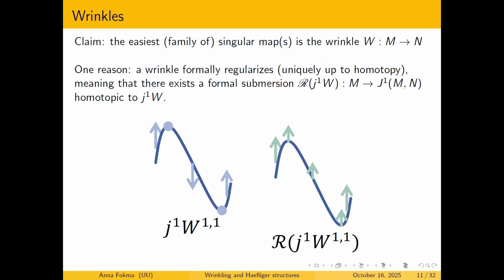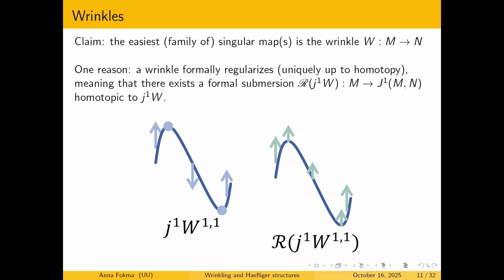How does this look? Well, I've depicted it here for the 1-1 wrinkle. On the left, you see its jet. I've now indicated its first order data by these arrows. And then you see the two problematic points where the derivative is 0, so where it's not a submersion. And what we do is that we homotope it as a formal section, so we just homotope its first order data.